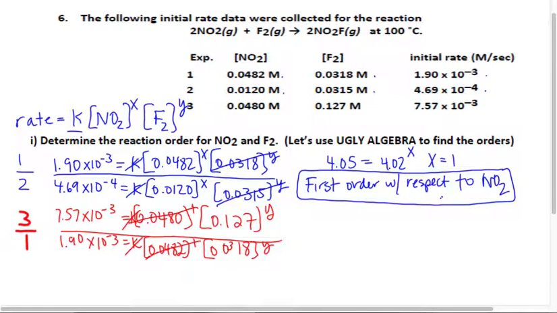So we get 7.57 e negative 3 divided by 1.90 e negative 3. 3.98 is equal to what to the y? 3.99 to the y.